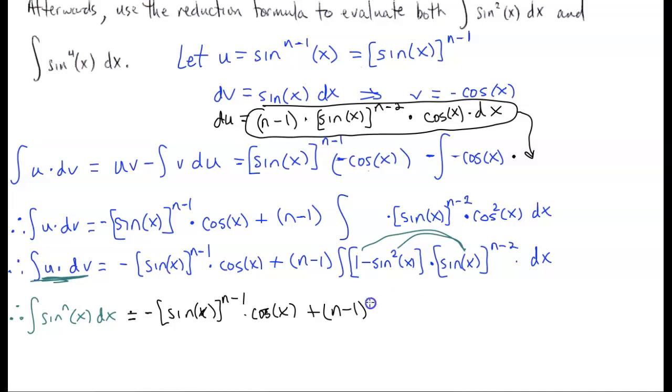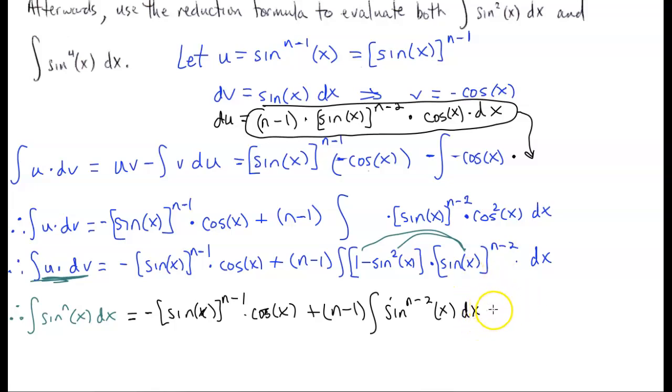And here we're going to have two separate terms. So this would be n minus 1 with the sine of n minus 2 of x. I'm going to write it like this for now.